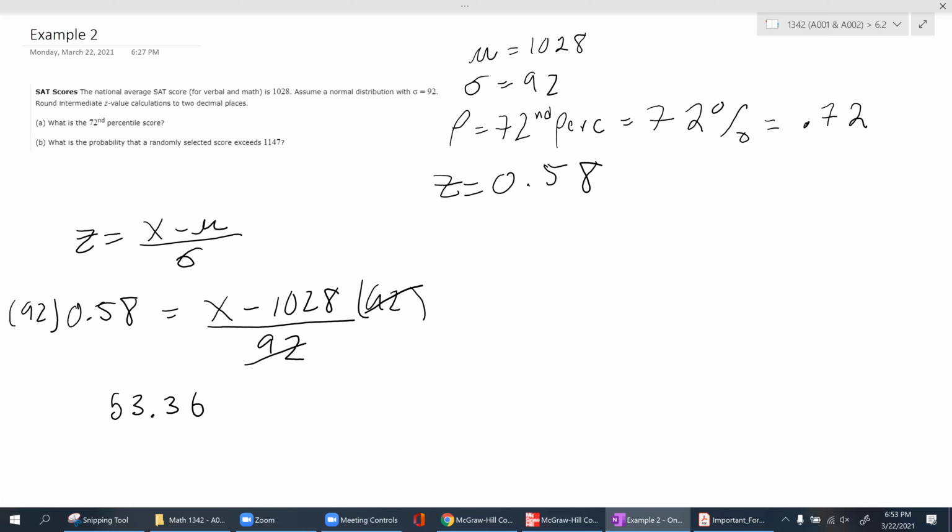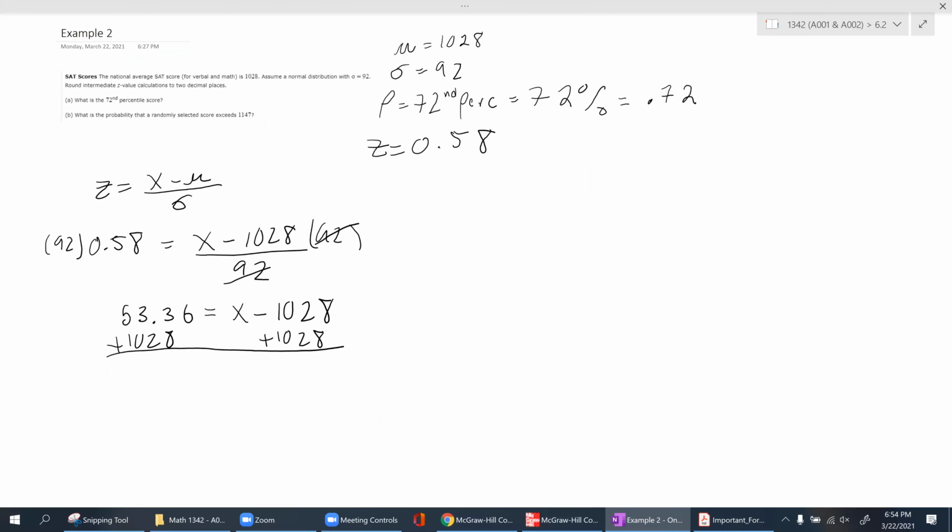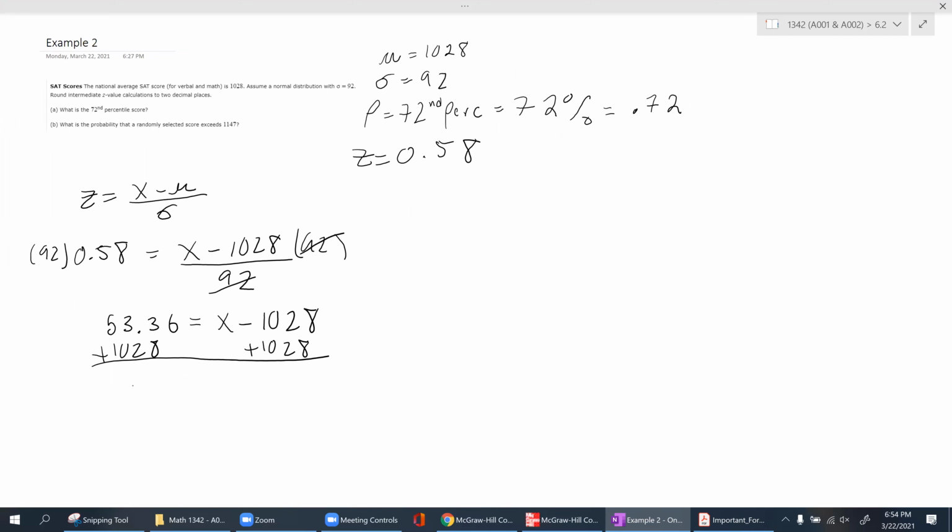So I have 53.36 equals x minus 1028, and last but not least, I want to solve for x. I add 1028 to both sides. 1028 plus that value gives me 1081.36, which is equal to x.